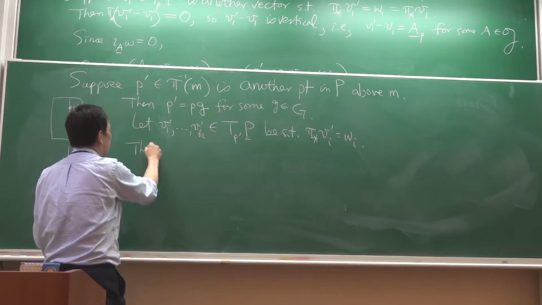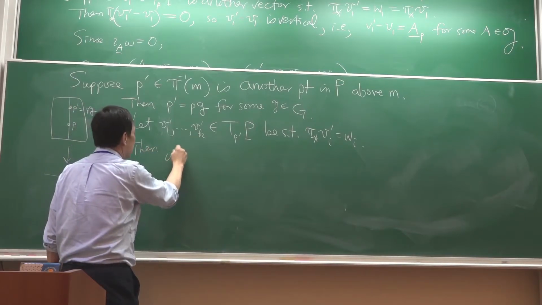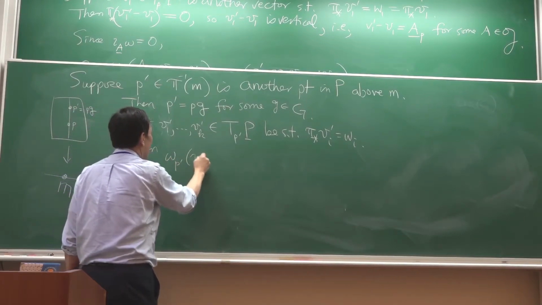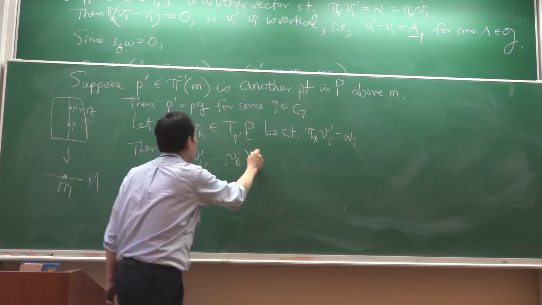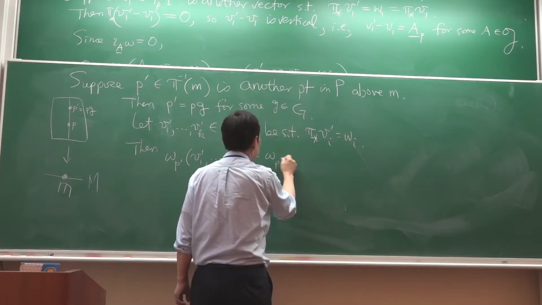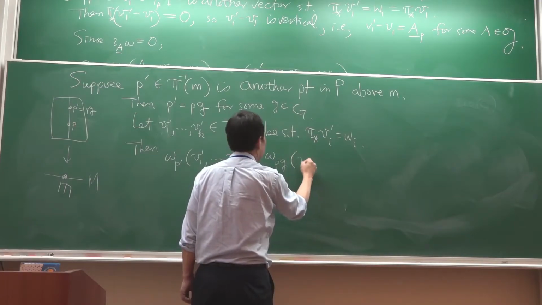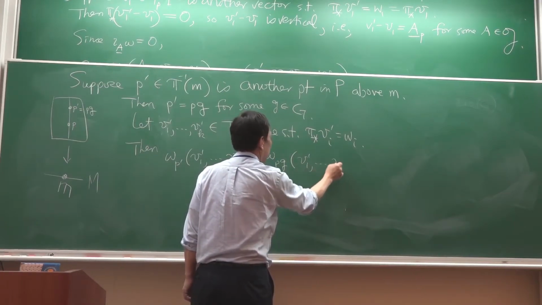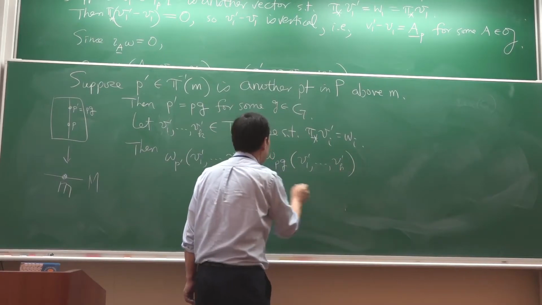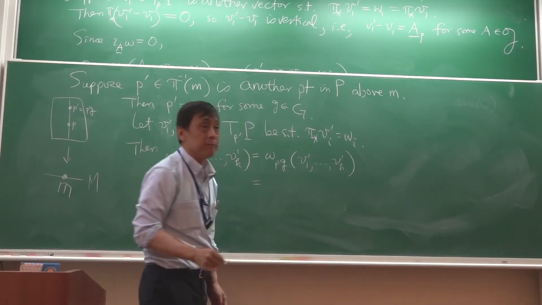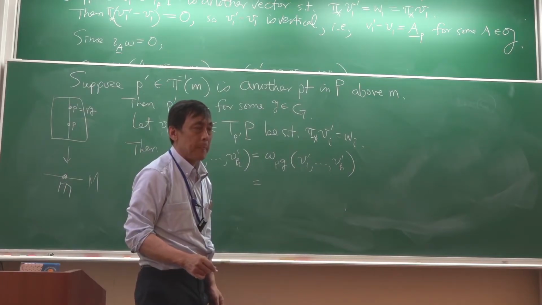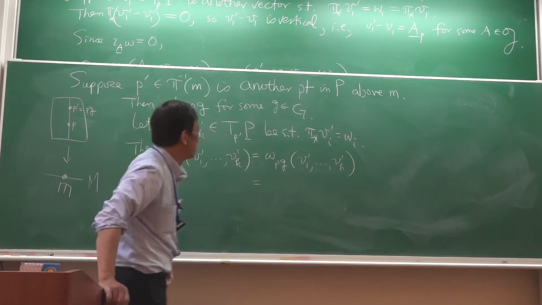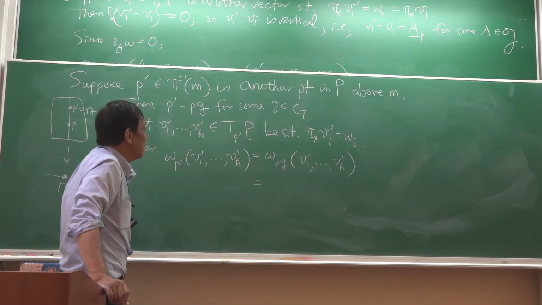Then omega at P prime, V1 prime to Vk prime is omega at Pg, V1 prime to Vk prime, and that is, let me see.